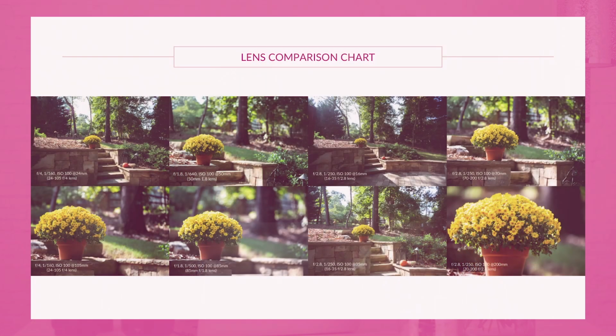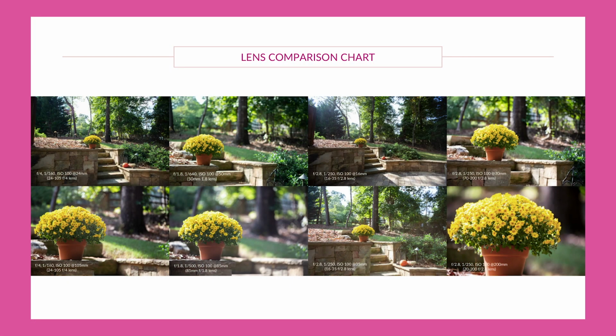Both of these pictures were taken with this lens, and at 24, I'm focusing on the mum. It's giving me a lot of the surrounding background. You can see my background is not very blurry, and I'm shooting on a tripod.